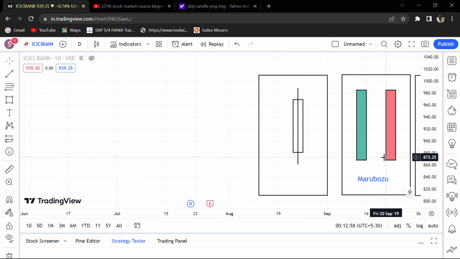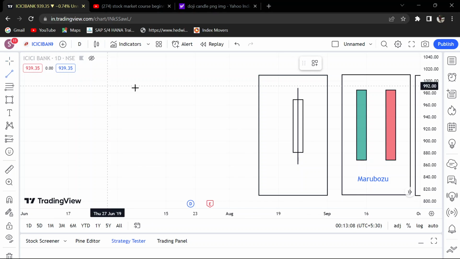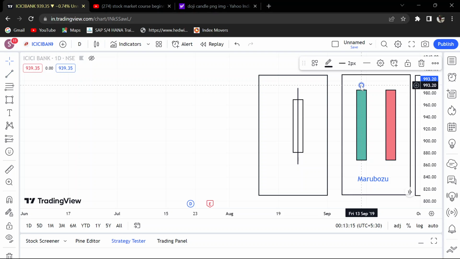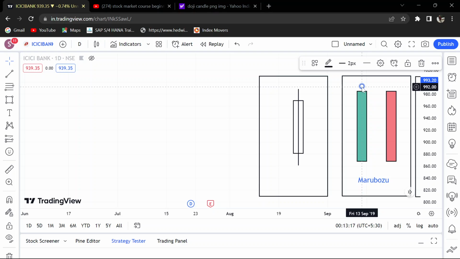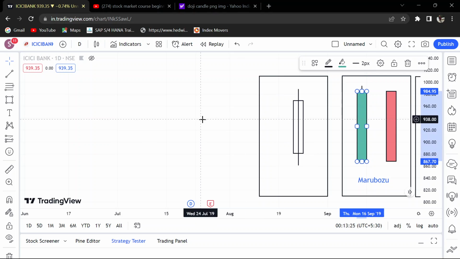This type of candle is called Marubozu. This is bullish Marubozu. This is bearish Marubozu. Marubozu means 90% of the candle will be body only. There is no high and low, or even if there is a high and low, it will be very small.